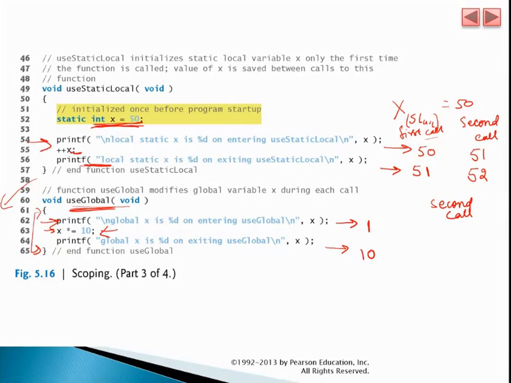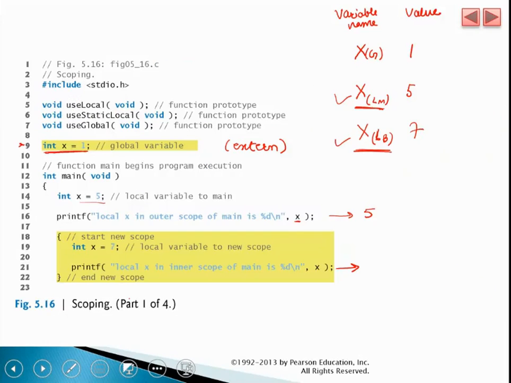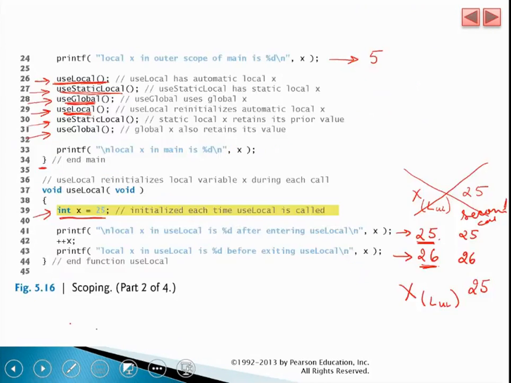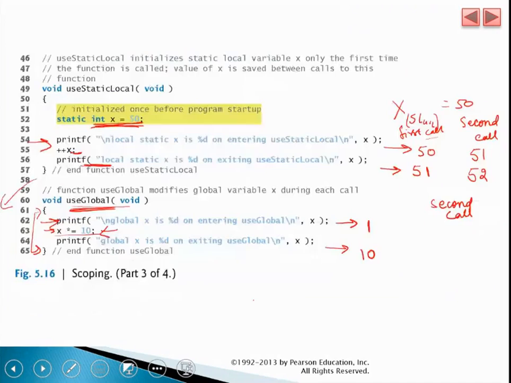When we executed this line, where did these changes occur? This actually changed the value to 10, because this is a global variable. Are you getting my point? Yes, ma'am. The global variable's value already changed when we first executed this function. So now the current value of the global variable is 10.